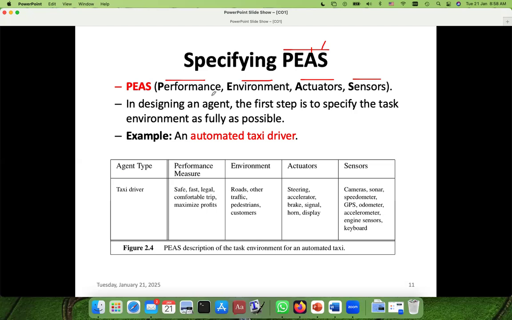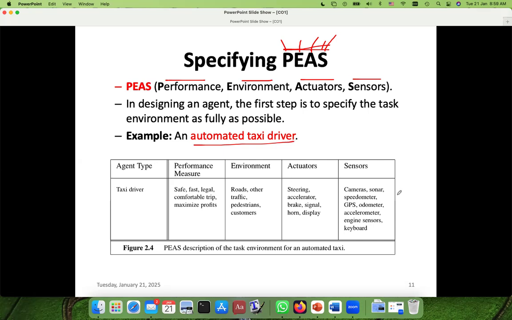If you are going to design an agent, you have to define these four things: what is the performance measure of the agent, what is the environment of the agent, what are the actuators of the agent, what are the sensors of the agent. You have to write them on a paper or in a table or in a list or anything. So for example, if we are going to design an automated taxi driver, an automated car, an automated taxi without a driver.